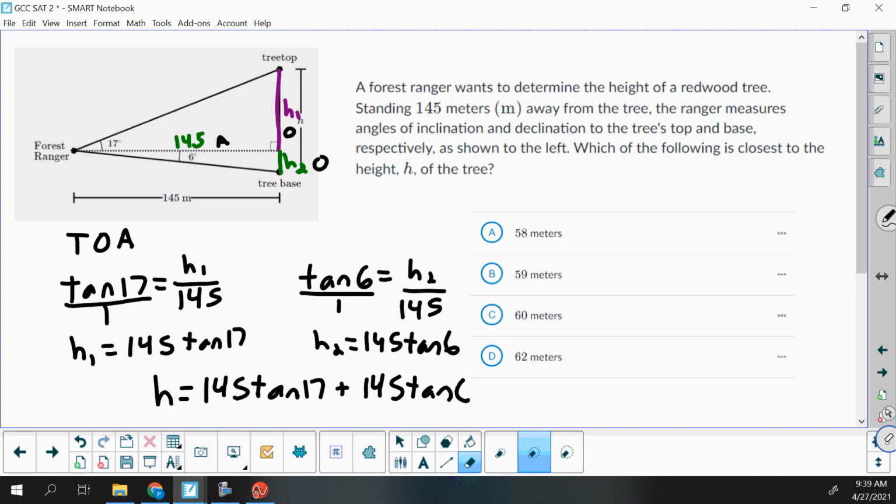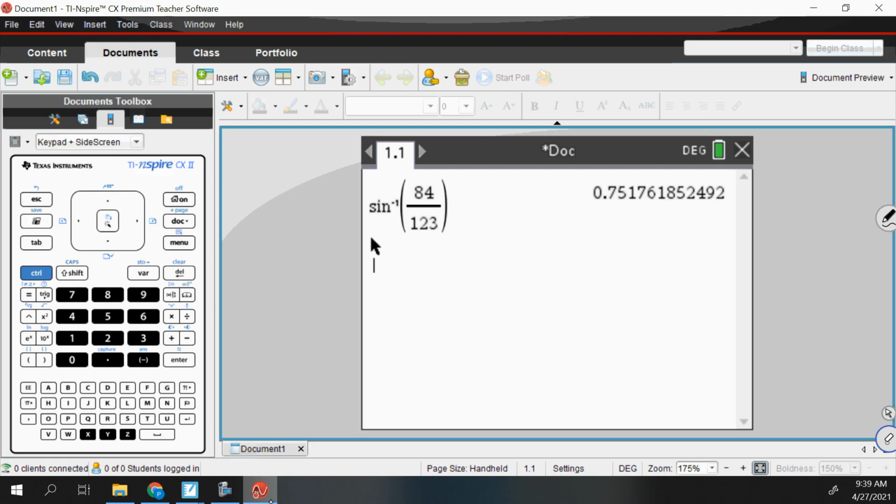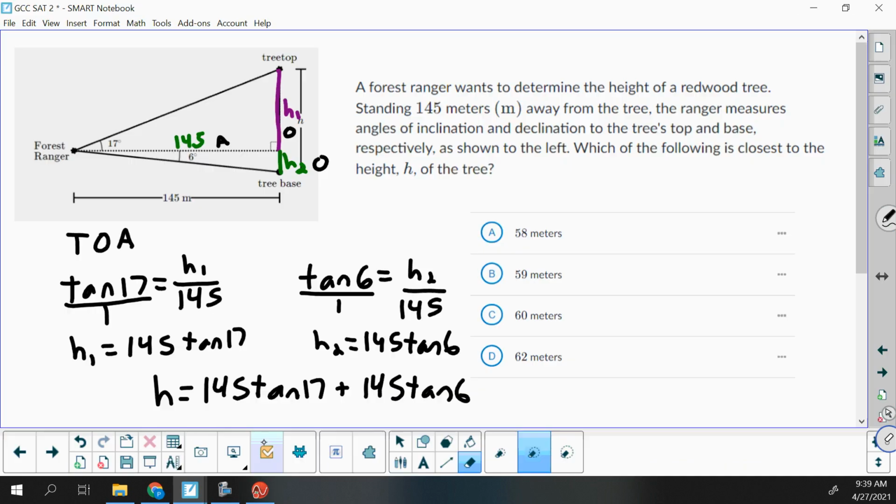Now you have to be back in degree mode on your calculator because notice these angles were degrees. So make sure on your calculator page it says DEG. If not, click the RAD and switch it back to DEG. We'll give you a moment to punch this in. A box will pop up and ask you to select which of these choices is closest to what you got.